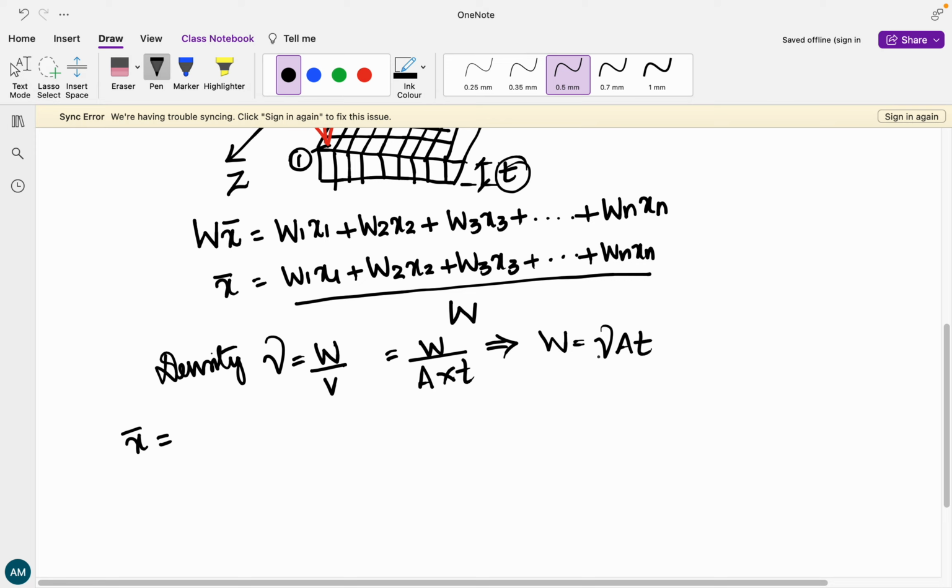The density of the body is going to remain constant, so it is gamma into piece 1, which has area A1, thickness T constant, then x1.